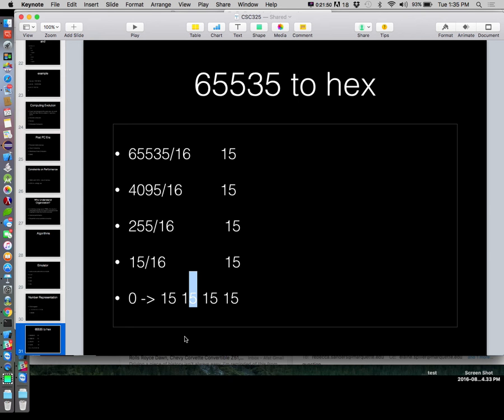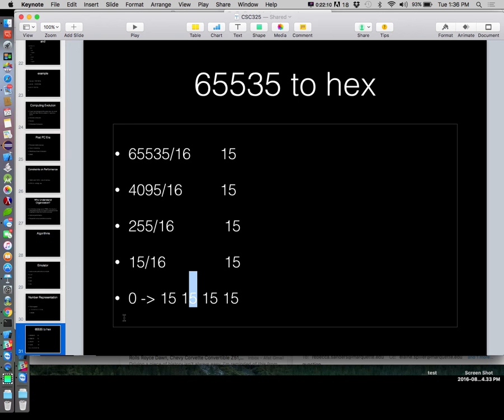But now 15 is not a legal value in the hexadecimal number system. What are the legal values in the hexadecimal number system? 0 through 9, A through F. So they all have to be one character, right?